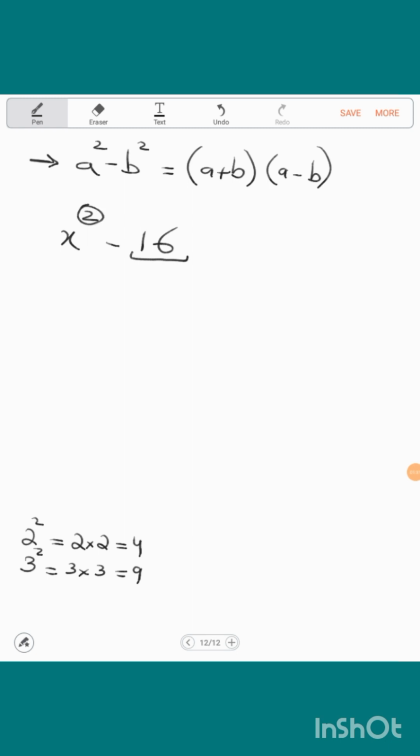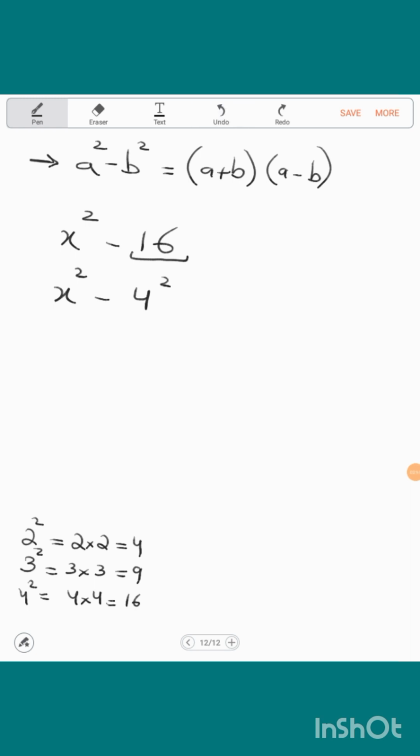It's because we have a square on x, and you basically need to transform x square minus 16 into a square minus b square. That's why you are taking a square, or you are multiplying the number twice. So if you see 4 square, 4 into 4 is 16. So okay, the squares and the cubes of the numbers should be on your fingertips. So 16 is the square of 4. So in the place of 16, you are going to write 4 square. Okay, you are transforming this 16 into 4 square.